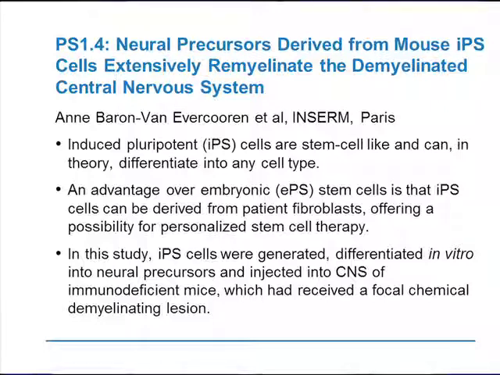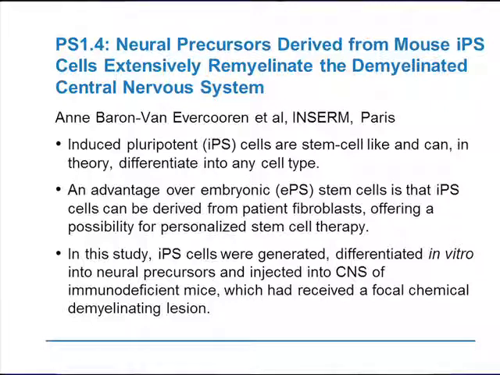So, as a background statement, iPS cells, which have garnered a Nobel Prize already, are stem cell-like, and in theory, they can differentiate into any cell type, just like embryonic stem cells can. But an advantage over embryonic stem cells is that iPS cells can be derived from patient fibroblasts, which offers a possibility for personalized stem cell therapy. A really amazing thing to consider.